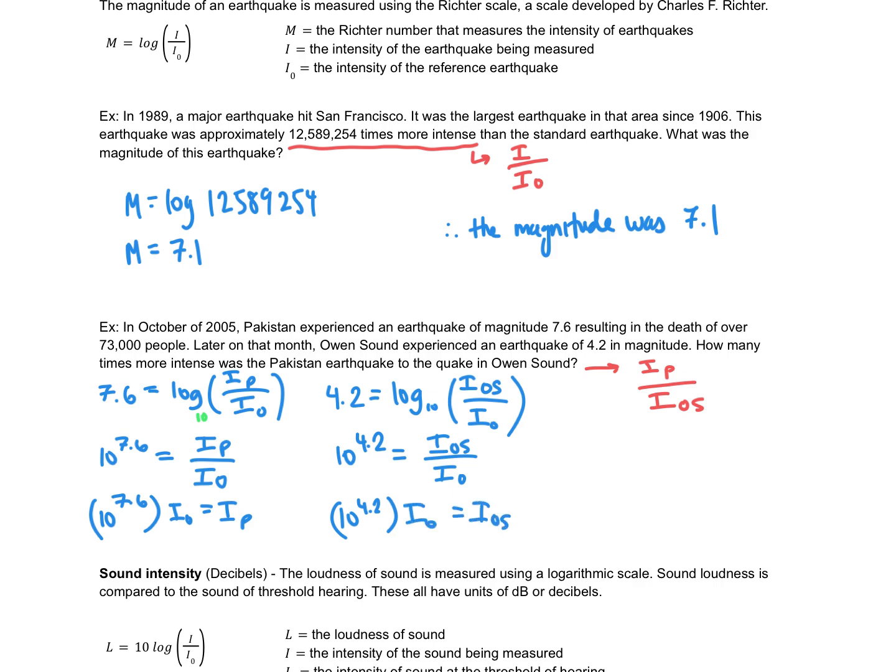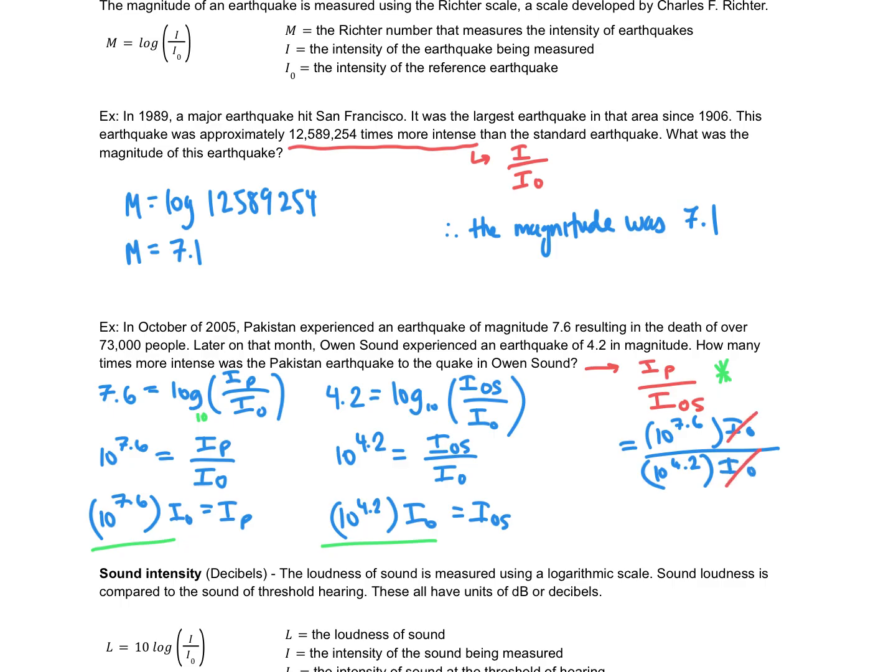And now that I have these isolated expressions for the two intensities, I can sub them in to my end goal. So instead of IP, I'm going to write 10 to the power of 7.6 times the intensity of the reference over 10 to the power of 4.2 over the intensity of the reference earthquake.